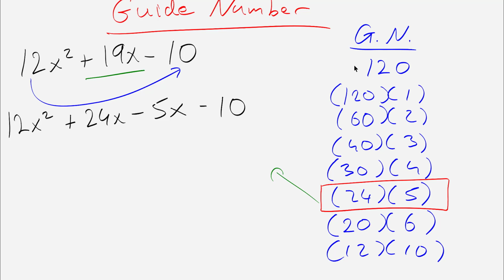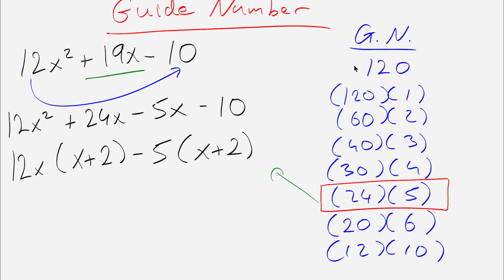So what's common to the first two terms is 12x, and in the bracket I'll have x plus 2. And I'll factorize out a minus 5 out of the next two, and I'll have x plus 2. So my final result will be x plus 2 times 12x minus 5. And that is the third one factorized.